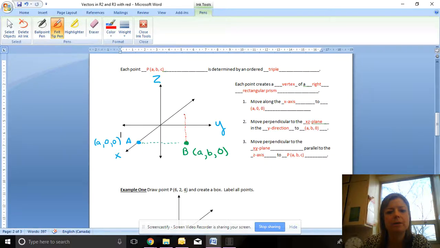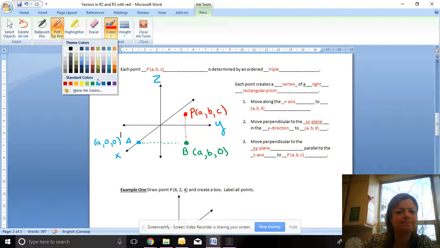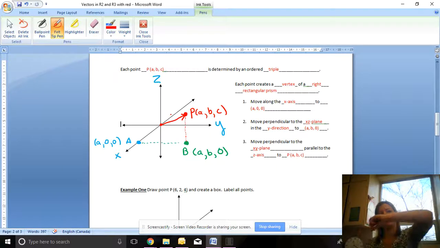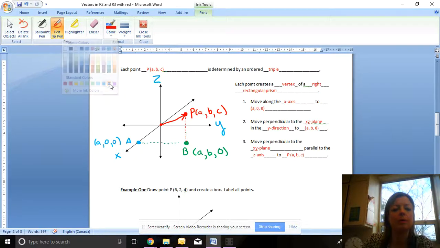So I should be going perfectly up or down until I get to my C. So now I've applied my A, my B, and my C. This is my final point, which I will call P. Then my final vector starts at the origin, oh boy, I wish I had a ruler, and goes right out to P. So you have to imagine that coming out from the origin in 3D out into space and hitting that point P. Okay, so now what helps us visualize this is if you create a coordinate box.